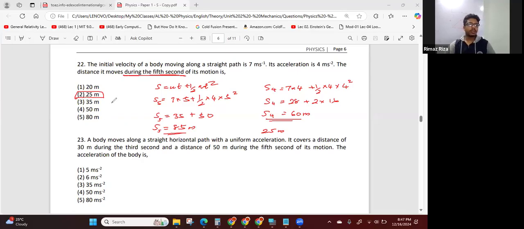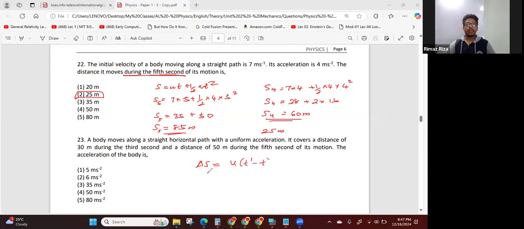Okay, so the answer is 25. For these types of questions, you can write delta S as u times (t' minus t), if it's moving at constant velocity, plus half into the same acceleration, times (t' squared minus t squared).